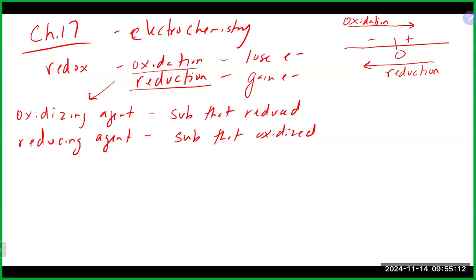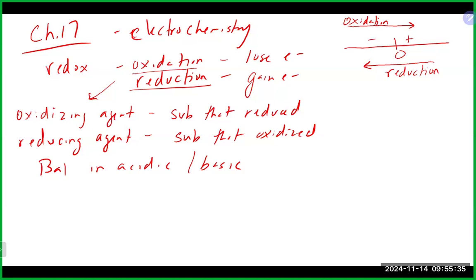We went over how to balance redox reactions in acidic and basic solutions. And remember, we use sort of the water method there, which is we do split it off into its two half reactions. We balance all the elements other than hydrogen and oxygen, like normal with a coefficient if necessary.